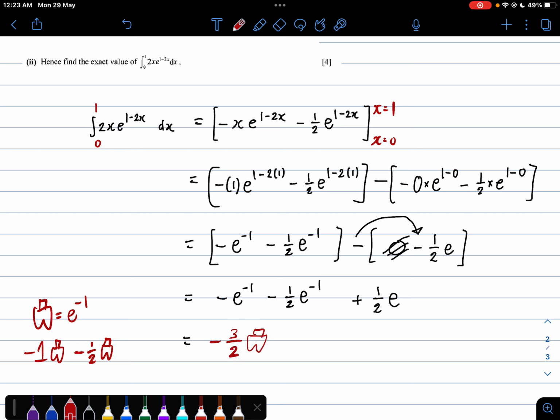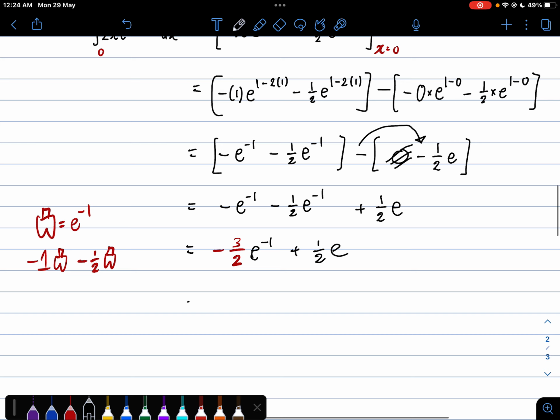But of course in exam you don't actually draw apples. You replace it with e power negative 1. Okay, yeah, e power negative 1 plus half e. Good. And just to clean things up a bit, I don't like negative power, so I'll just bring it down. So negative 3 over 2e plus half e.